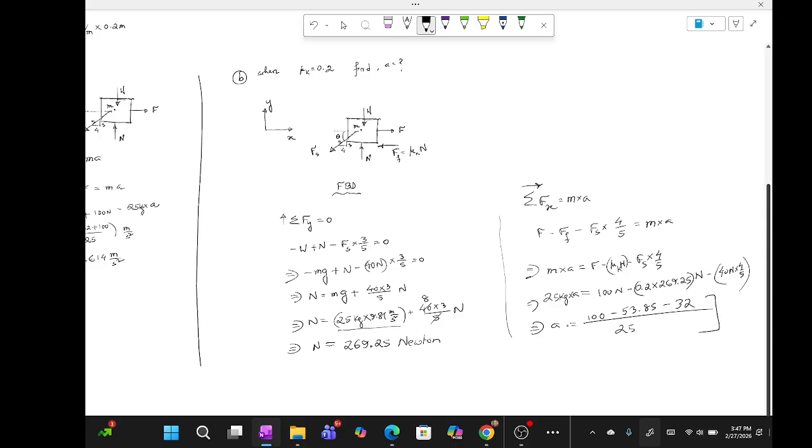So the whole thing would be in meters per second squared. So you want to do 100 minus 53.85 minus 32 divided by 25. So you have 0.566 meters per second squared.